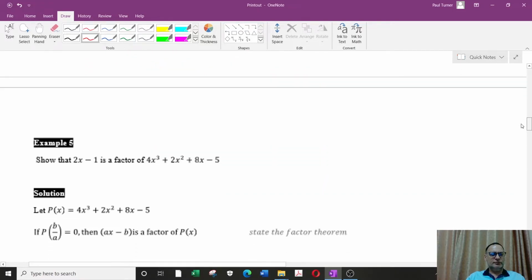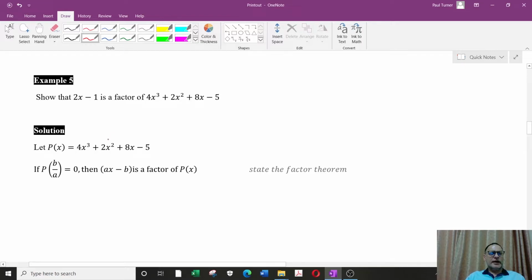Another exercise. Show that 2x minus 1 is a factor of this polynomial. So the second rule: if P(b/a) is 0, then ax minus b is a factor of P(x). So looking at this here, ax minus b, we must substitute in a half into here.